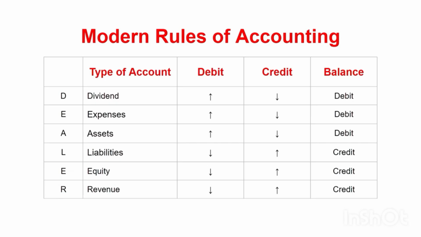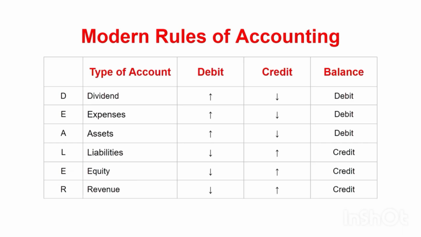E for equity, debit decrease, credit increase. R for revenue, debit decrease, credit increase. The normal balance for each account, like dividend, expense, and assets, is debit, and for liabilities, equity, and revenue, the normal balance is credit. These are very helpful when recording transactions in the modern way.